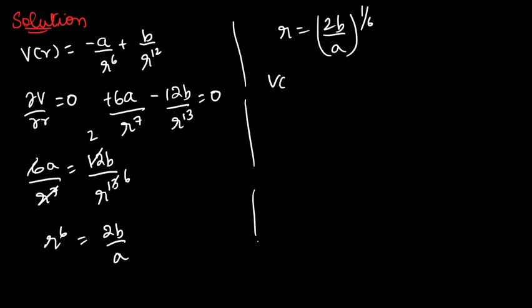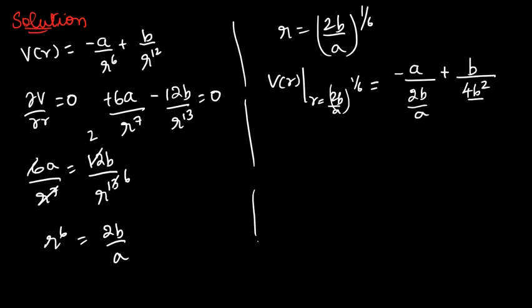Now I have to find my potential at this equilibrium point. So I'm just going to directly substitute this R value in my potential.